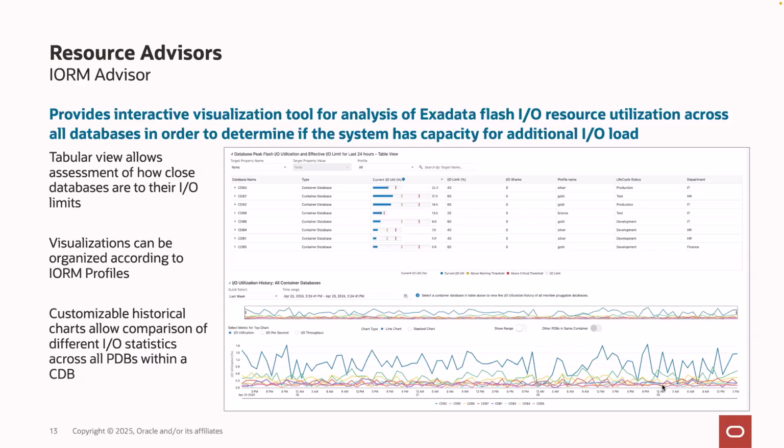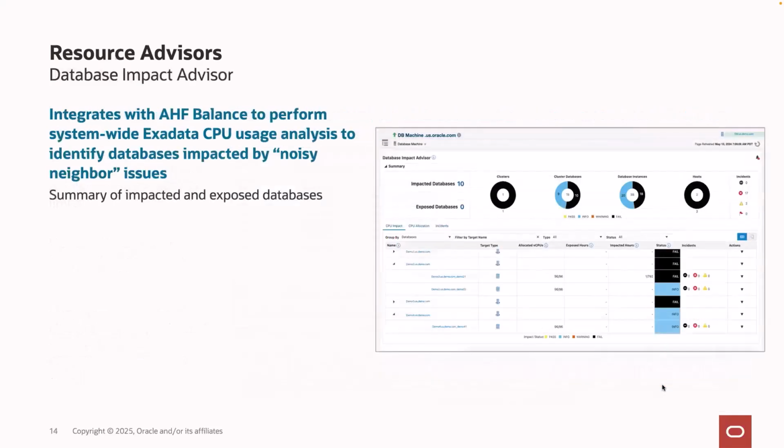And the last thing that we're talking about, and this is the subject for today, is the Database Impact Advisor, which is integrated with AHF balancing. So that's a way to have a system-wide Exadata CPU usage analysis.